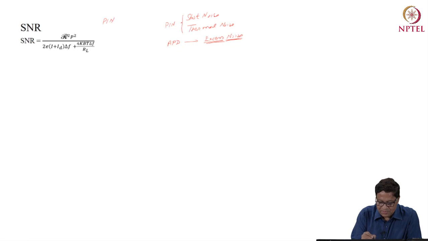I'm sorry about this mistake, this is actually Boltzmann's constant k_B. So for the signal to noise ratio, this is the current part: I is equal to RP, responsivity times P, and I square is R square P square, and this is the noise part. This was the shot noise component, and this is the thermal noise component.